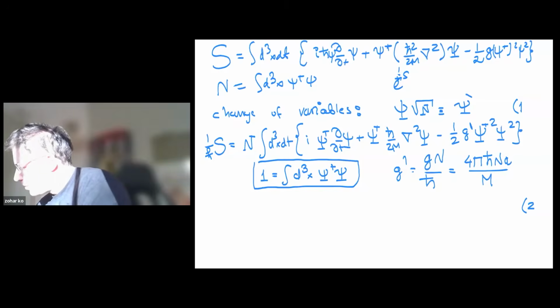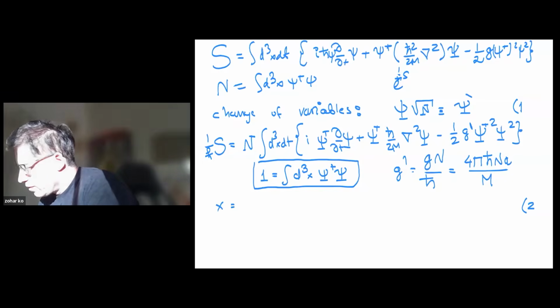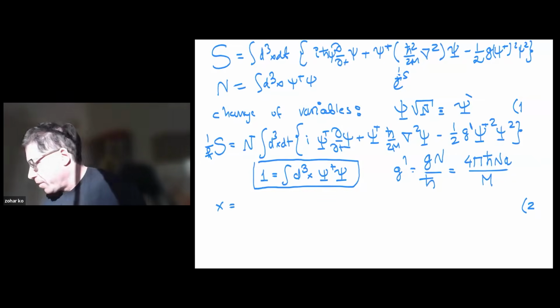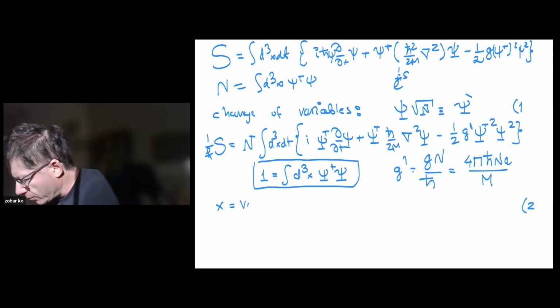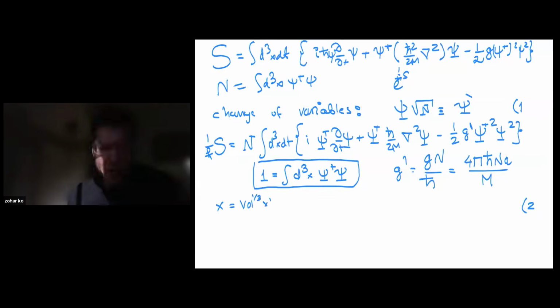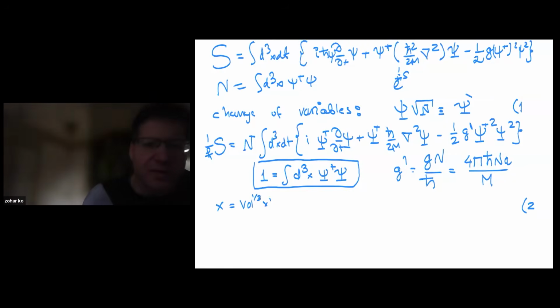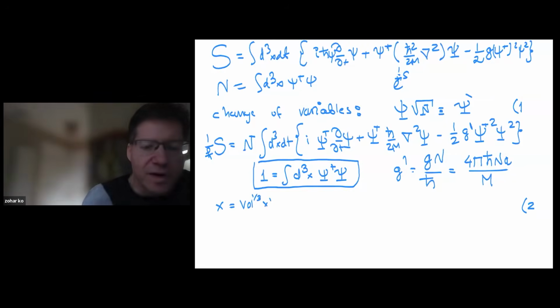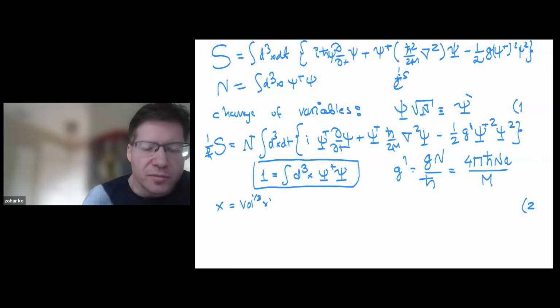So the second step is that I'll define the coordinates x. X will be volume to the power 1/3 times some x prime. I'm basically defining a dimensionless x prime by multiplying by the volume.